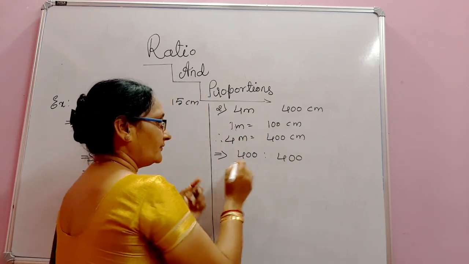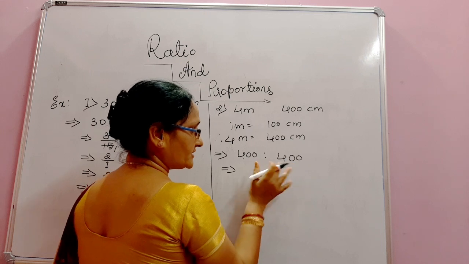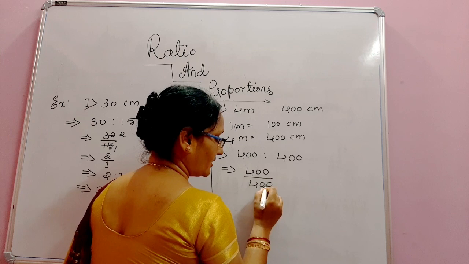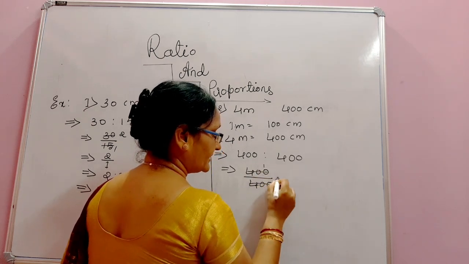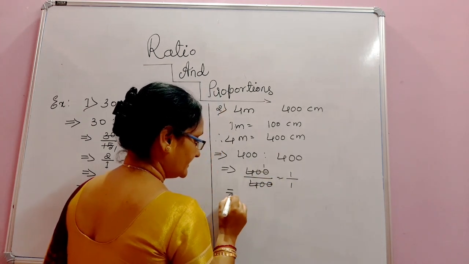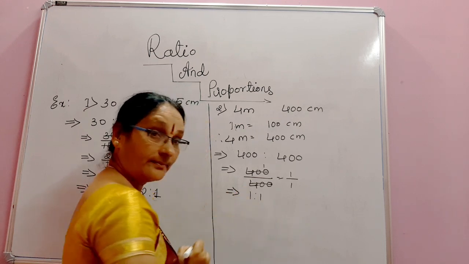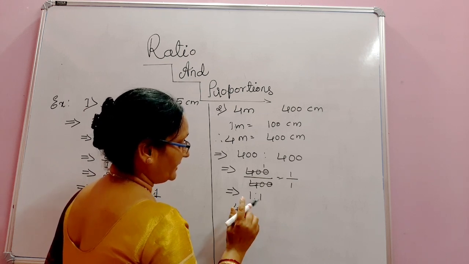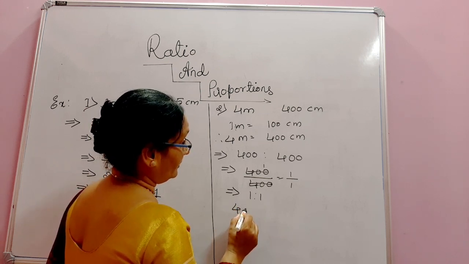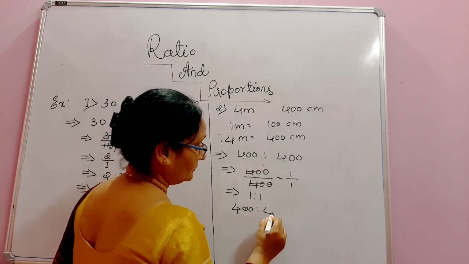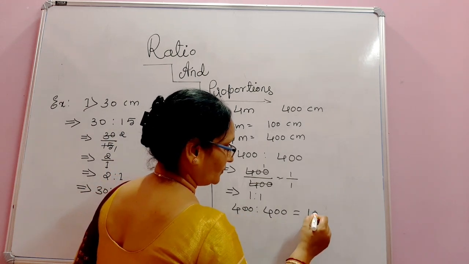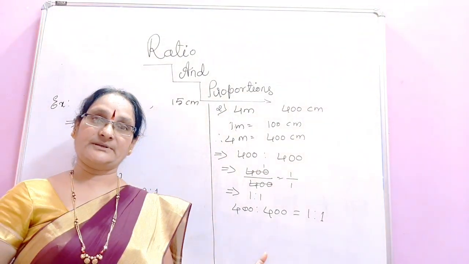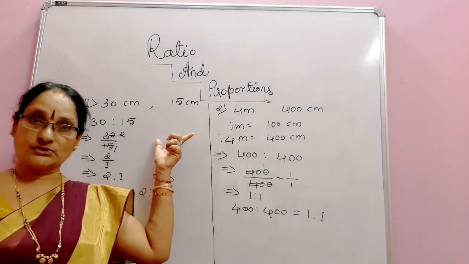Ratios can be written in the form of fraction, 400 by 400. 400 ones are 400, 400 ones are 400. This is 1 by 1. This implies the ratio is 1 is to 1. So 400 is to 400 is equal to 1 is to 1. This kind of example can be solved with the help of ratio.